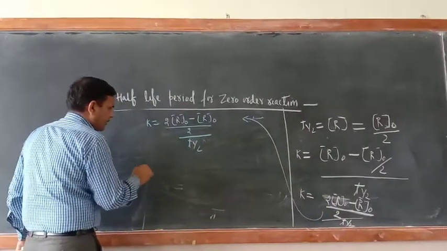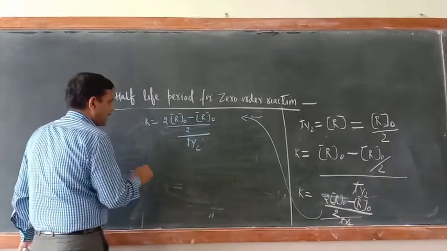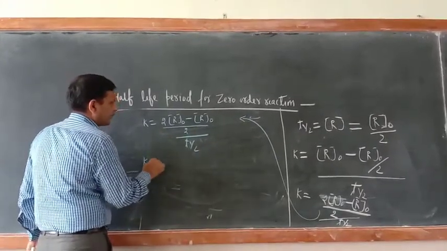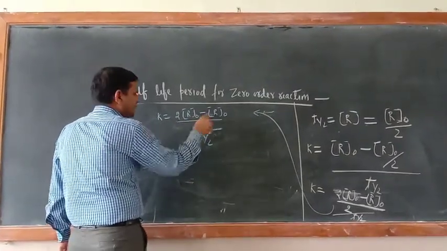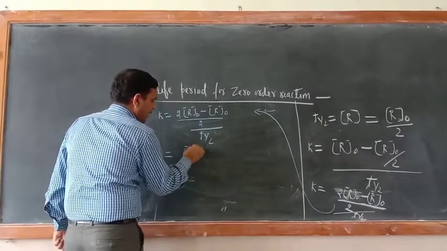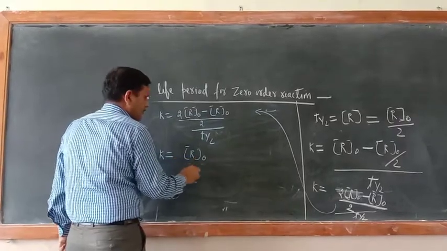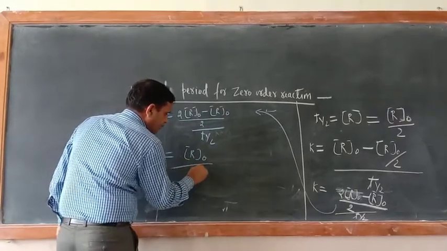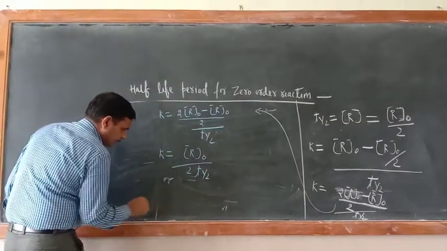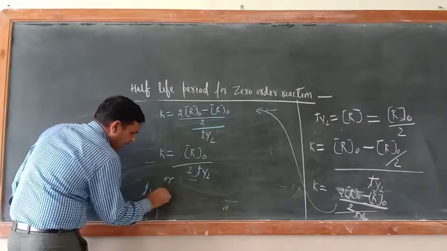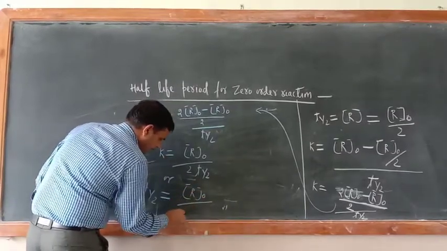So 2R0 minus R0 equal to 1R0, and here we have 2 t half. So now we can write it like that also: t half equal to R0 by 2k.